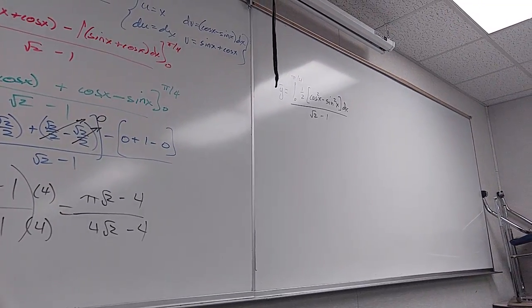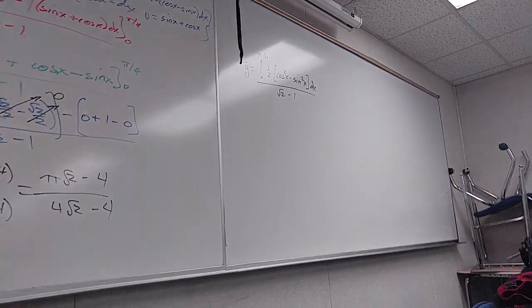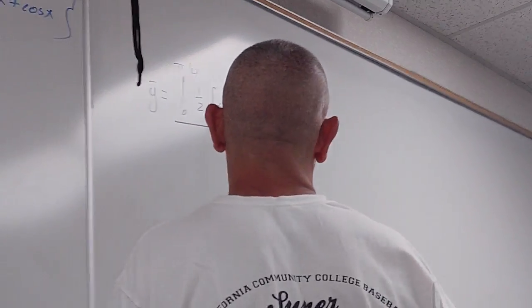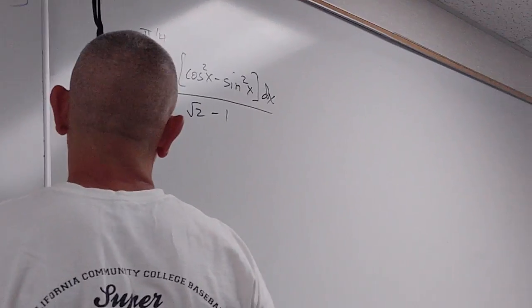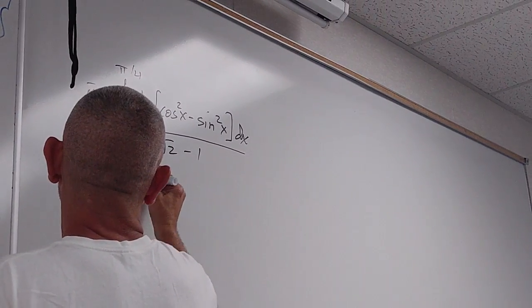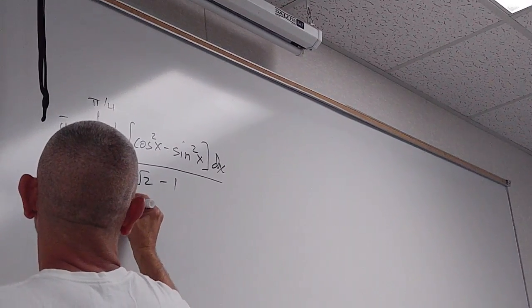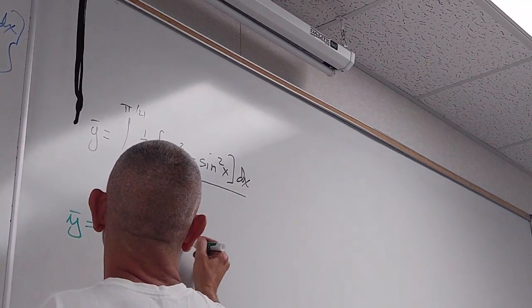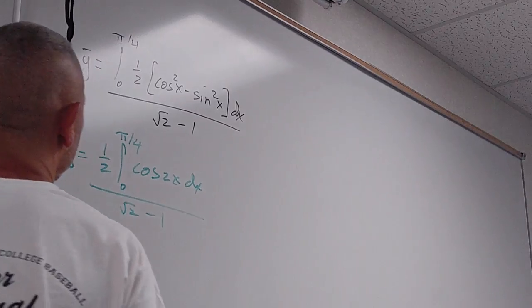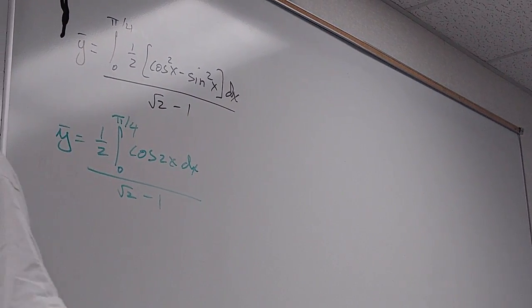All right, so I should ask myself if there's some nice clever thing I can do that will simplify that. That's a double angle formula for the cosine, isn't it? So they actually, it didn't look like it, but they actually were kind of nice. That's cosine 2x. So that's fairly easy to integrate.